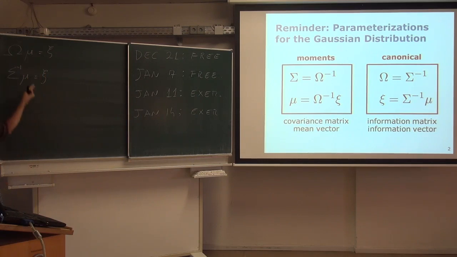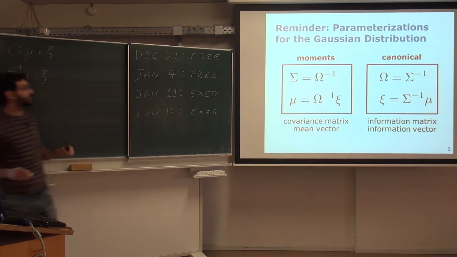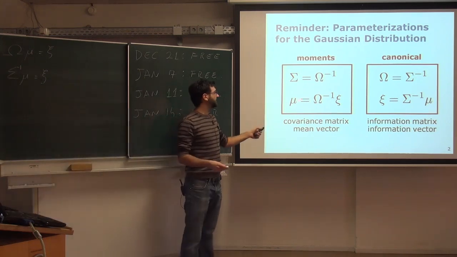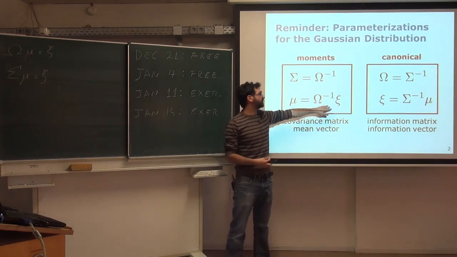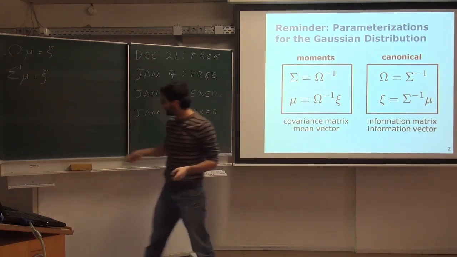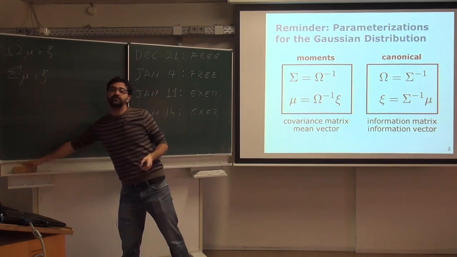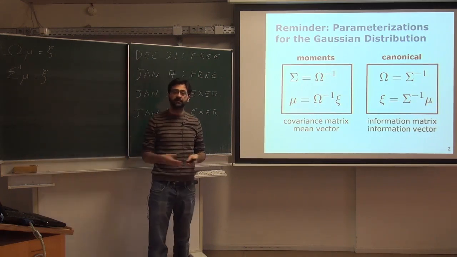So this basically says the information vector is the mean after you apply the inverse of the covariance matrix, the information matrix. So basically it's the projection of the mean on the information space in some sense. These are just the relations, and we will use them to derive the extended information filter from the Kalman filter.